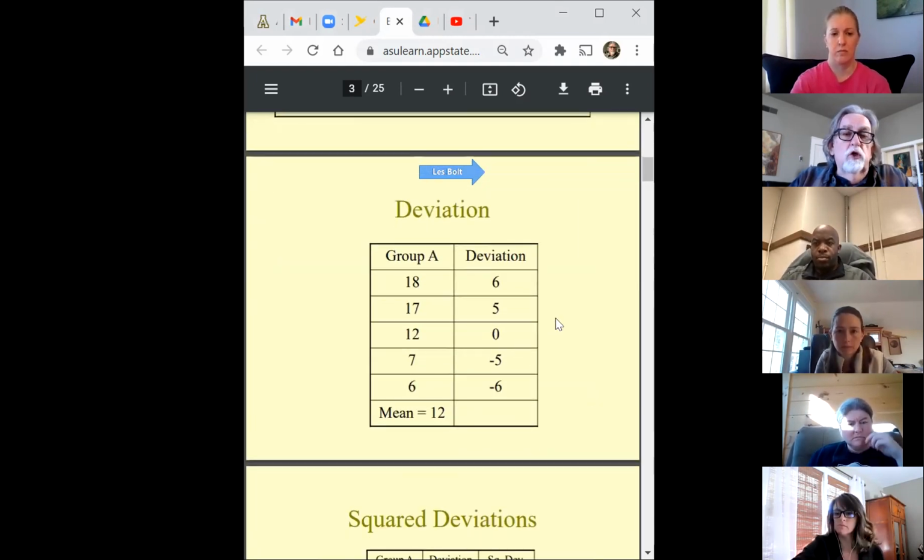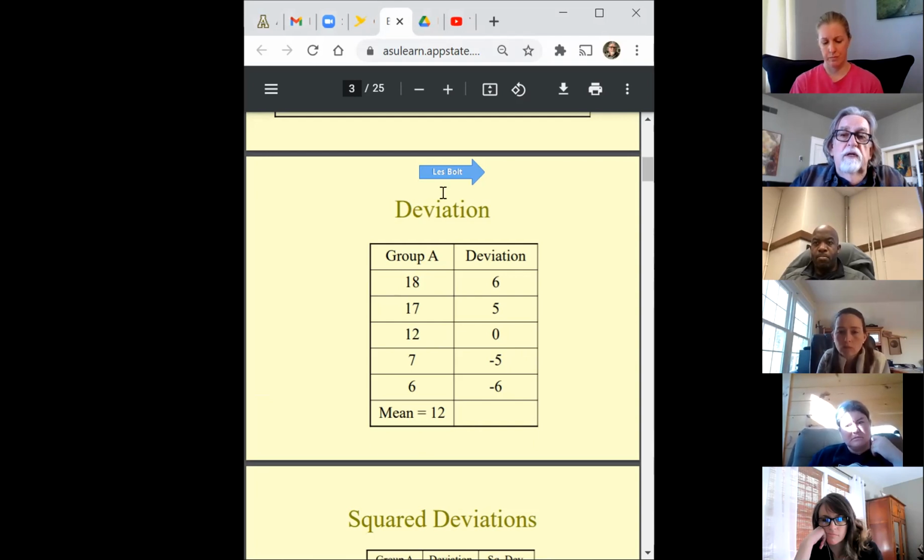The deviation scores, which are different from means, are called the first and simplest measures of what are called dispersion. How is the data set dispersed? Sometimes you could put it on a scattergram, but you could also calculate values for how far they were dispersed, and you calculate it from the mean.